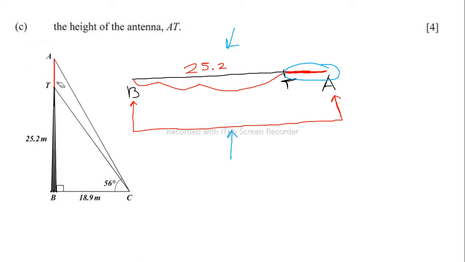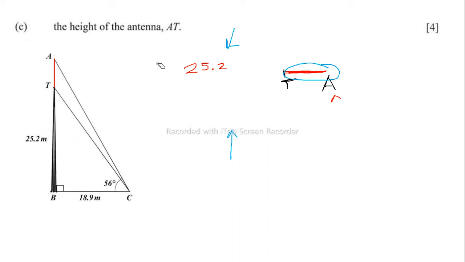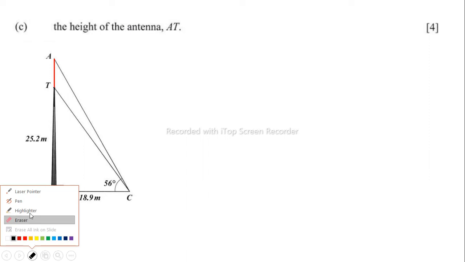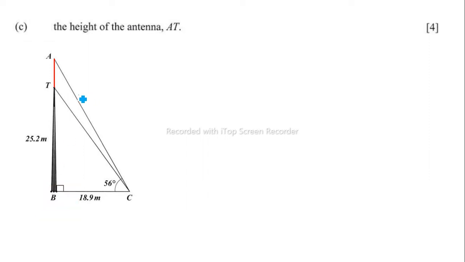Yes, sir. All right, so with that in mind, let's figure out what AB is. Now AB, are we dealing with the bigger triangle or the smaller triangle? The bigger one. So I have to bear that in mind. We're going to zoom in on the bigger one.